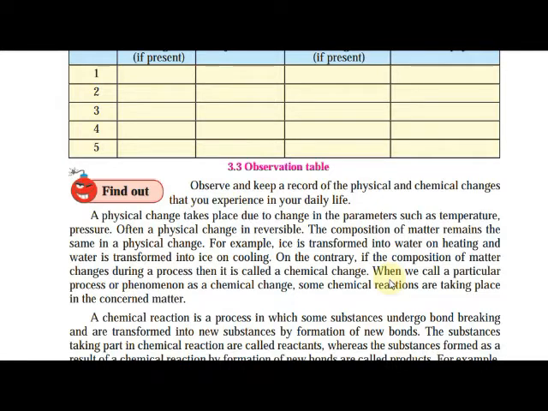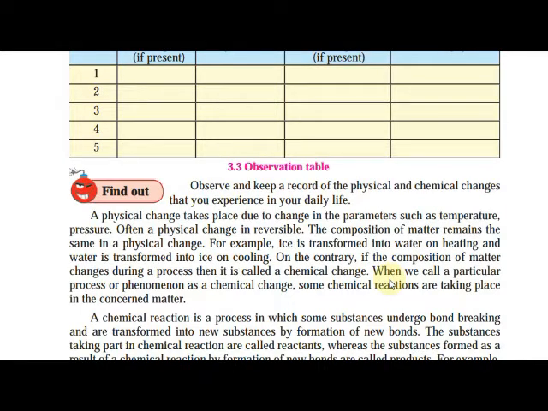In physical change, the composition of matter does not change, but the composition of matter changes during a chemical change. When we call a particular process or phenomenon a chemical change, some chemical reactions are taking place in the concerned matter.